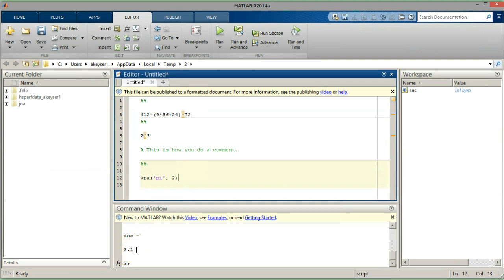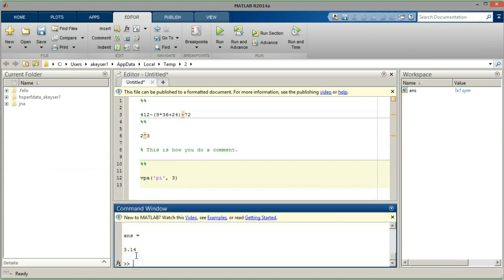It's saying, give me the first two numbers in this, ignore the decimal place, and that's what it's going to give you. Now, if you put in here VPA 3, you see it gives you 3.14 because you're asking it for three distinct numbers in this expansion of pi, including the number before the decimal place.